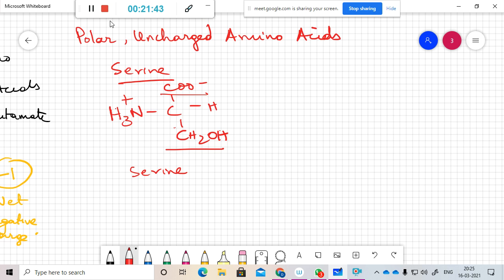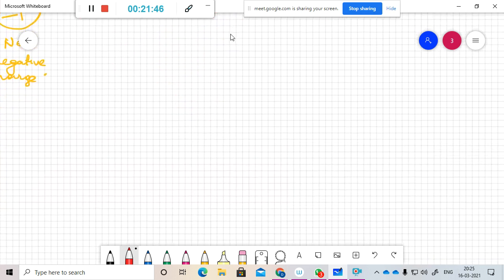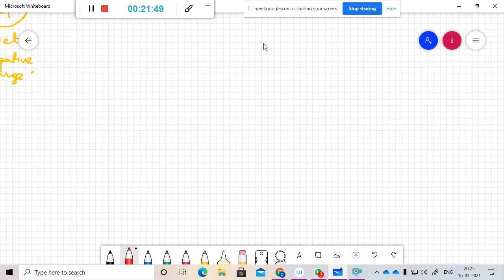So after this we go to the next concept, that is the concept of peptide bond formation. Let us draw how the peptide bond works. Let's draw this amino acid, H3N plus, I am drawing it a bit differently.